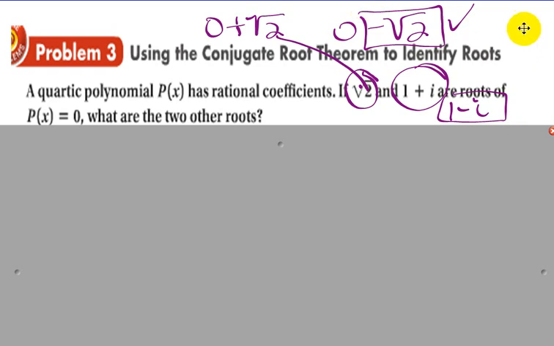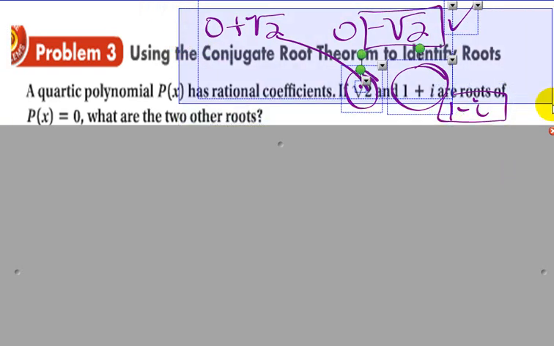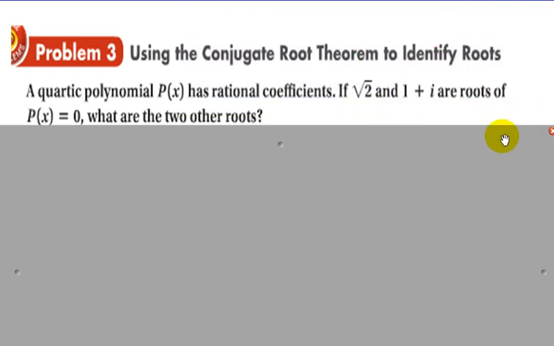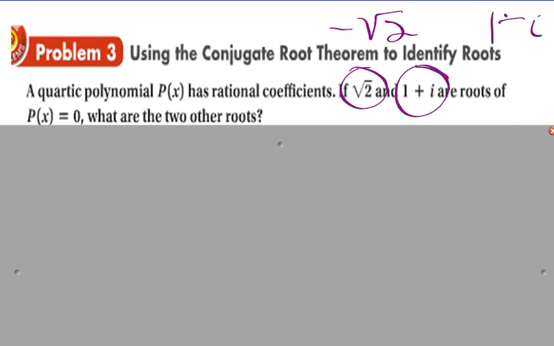You're probably thinking, what did she just do? Let's look one more time. If this is a root, then this is a root. If this is a root, then this is a root. And there are the other two roots. Just flip the sign before the second term. But realize in this one my first term was 0, so it's just negative radical 2.